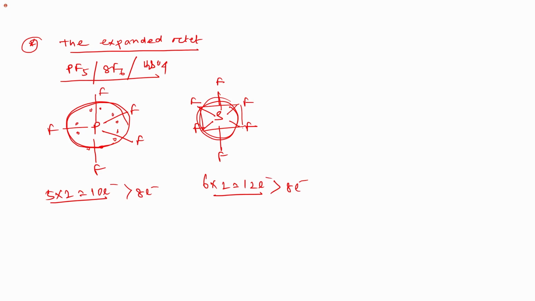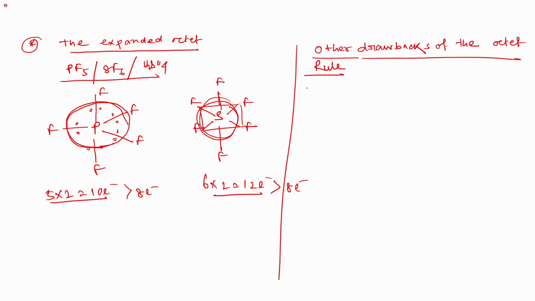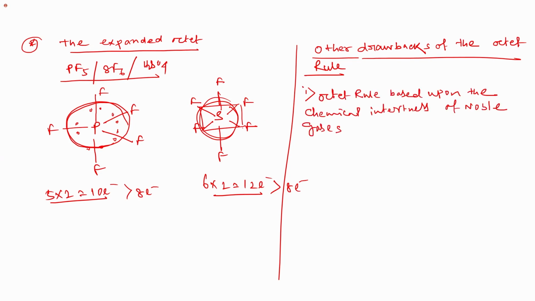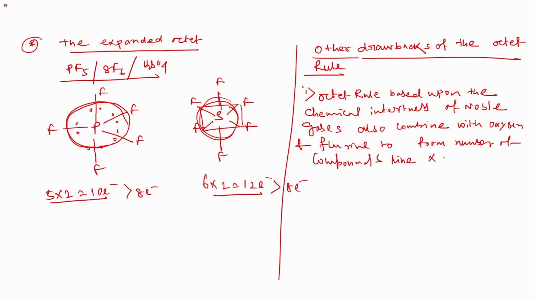There are also other drawbacks of the octet rule. If I write here, the octet rule is based upon the chemical inertness of the noble gases, but noble gases also combine with oxygen and fluorine to form a number of compounds like XeF2, trifluorochromium, XeOF2.